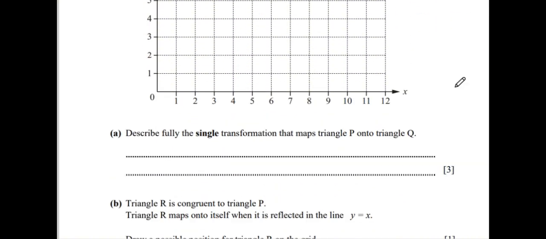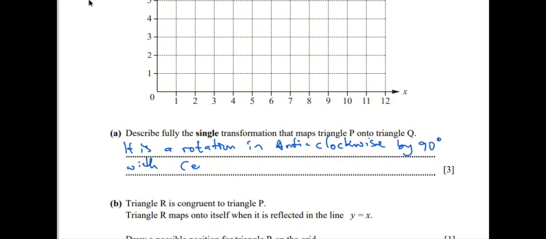Okay, let's write it. They say that it is a rotation, keep writing rotation, okay, rotation in anti-clockwise by 90 degrees, okay, with center (5, 7).